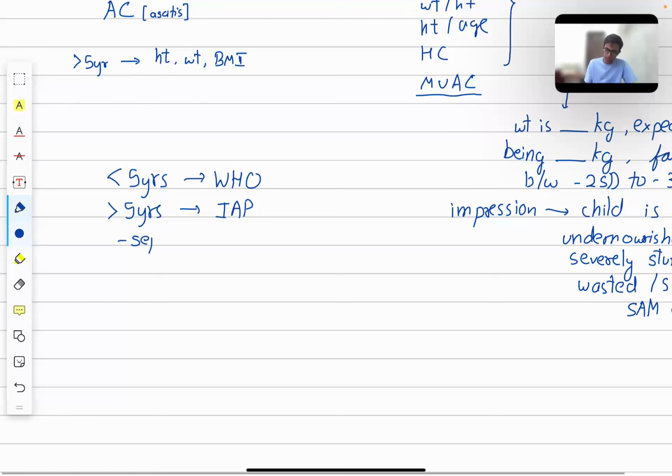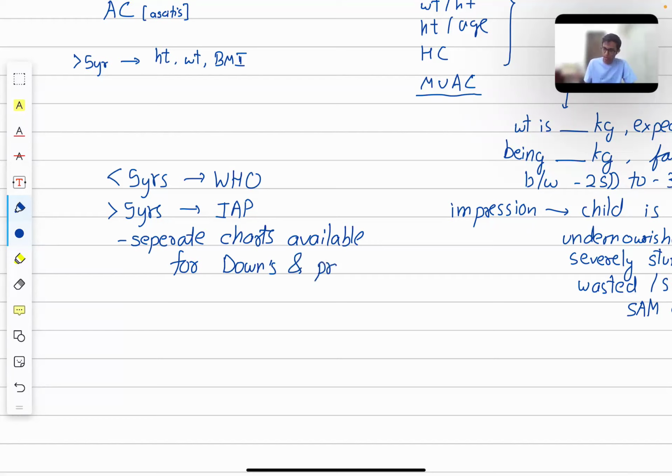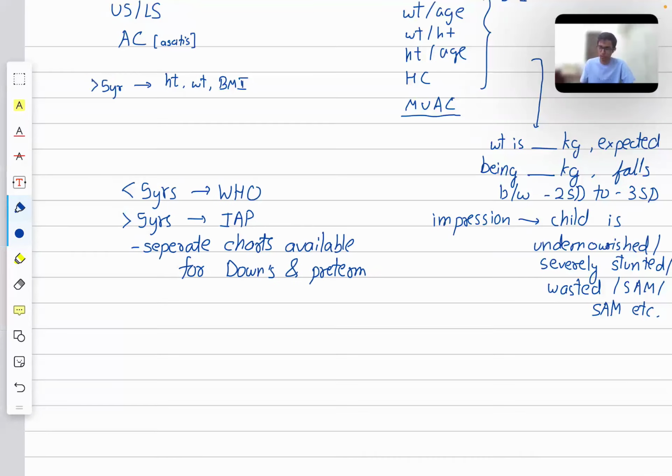Also mention that separate charts are available for Down syndrome and preterm. But in case during your exam you get a Down syndrome case and you do not have a Down syndrome specific growth chart, then in that case you can continue with the normal growth chart.